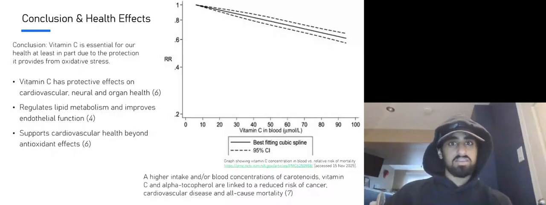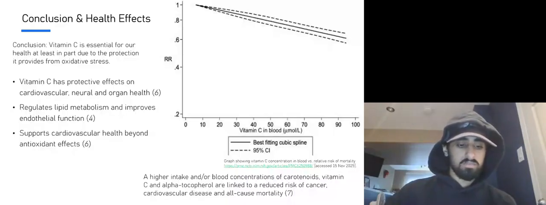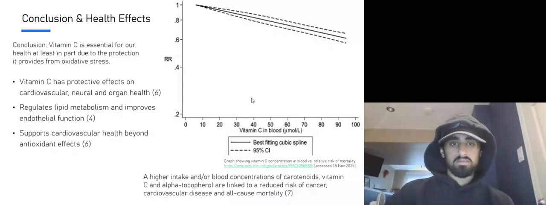What the graph is saying is that because vitamin C in the blood is indicative of the consumption of fruits and vegetables, that is what is going to lead to improved health outcomes.